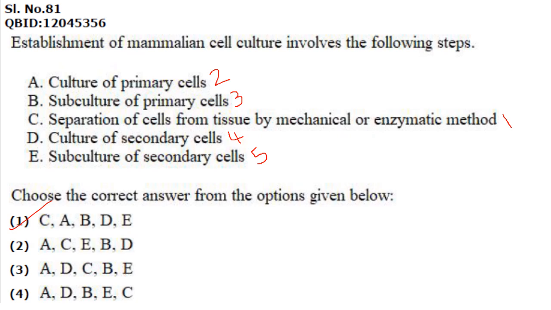So after separation of tissues by mechanical or enzymatic method, you get the primary cells. So culture of primary cells is the second one. Then subculture of primary cells, that is third. Then culture of secondary cells, 4. And subculture of secondary cells, that is 5. So the answer here is C, A, B, D, E. So that is option 1.